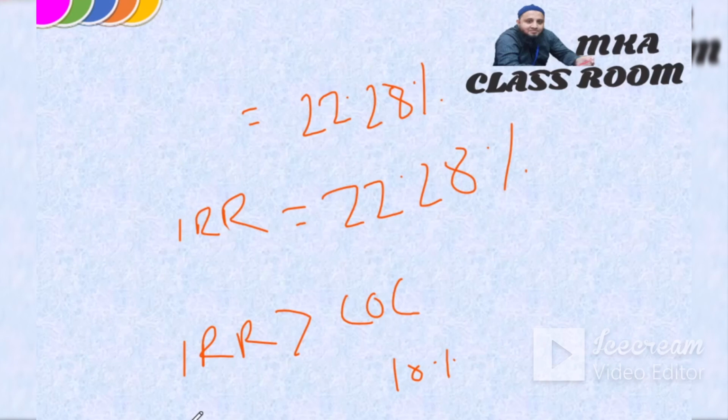Both project A and project B are accepted because both have IRR greater than cost of capital. If these two are independent projects, then we can take both of them.